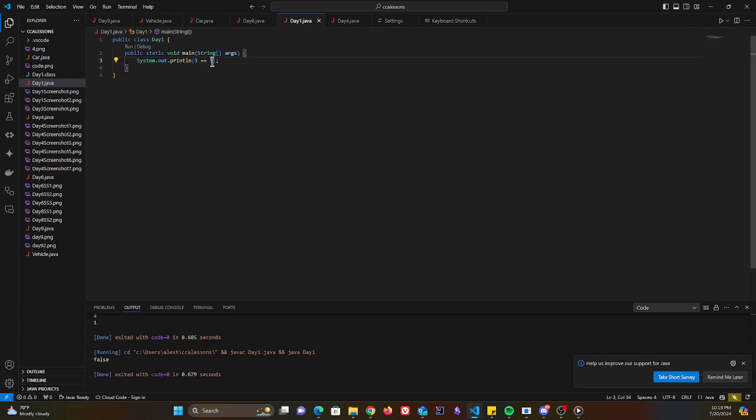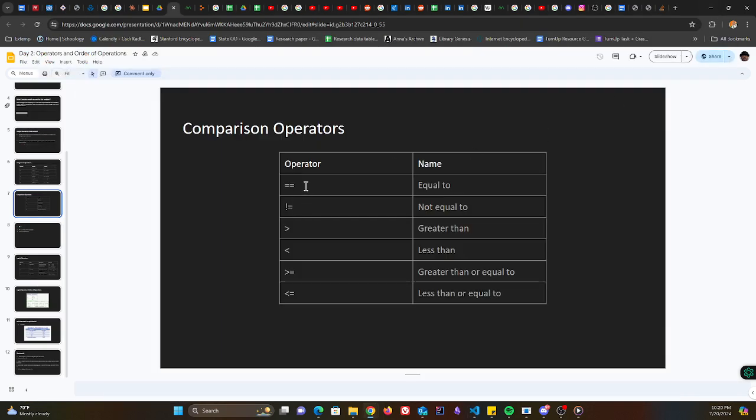Boom. And then if we do this, true, since 3 equals 3. So it returns a Boolean value. Next, not equal to, the exclamation point equals.